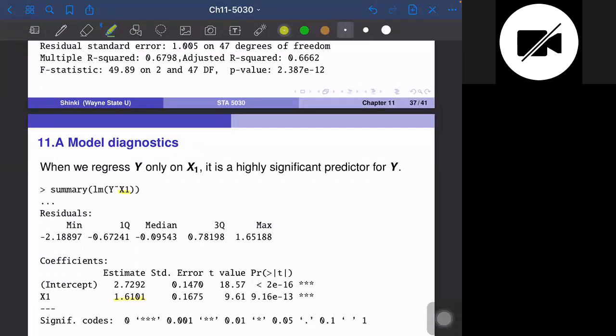Then the standard error gets much smaller because we don't have any identification problem between x1's coefficient and x2's coefficient. So the t-value becomes very significant, and we can show that x1 is a significant predictor to explain y.